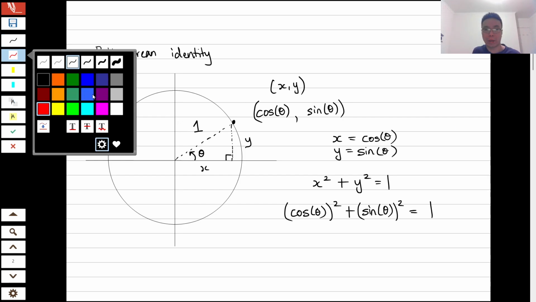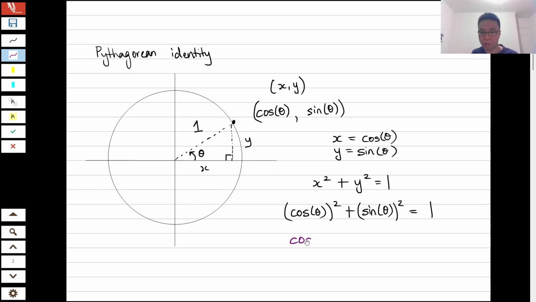And the most common way of writing this is to say cos squared theta plus sine squared theta equals 1. This is the standard form that the Pythagorean identity is written in.